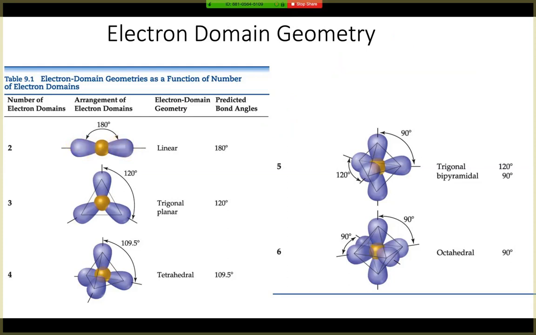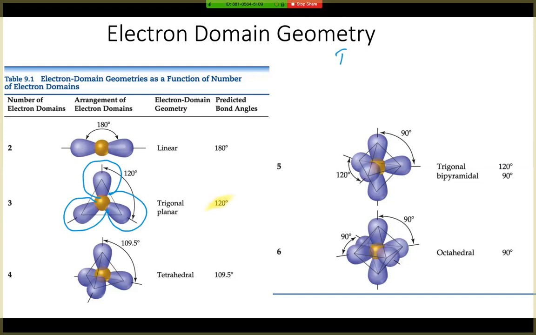The next one would be if we had 3 electron domains, and we'd get a trigonal planar geometry. Again, we have these areas of high electron density, and the negative charge repels. If there are 3 things around a center atom trying to get away from each other, the furthest you can be from the neighboring electron domain is on an equilateral triangle, 120 degrees apart.